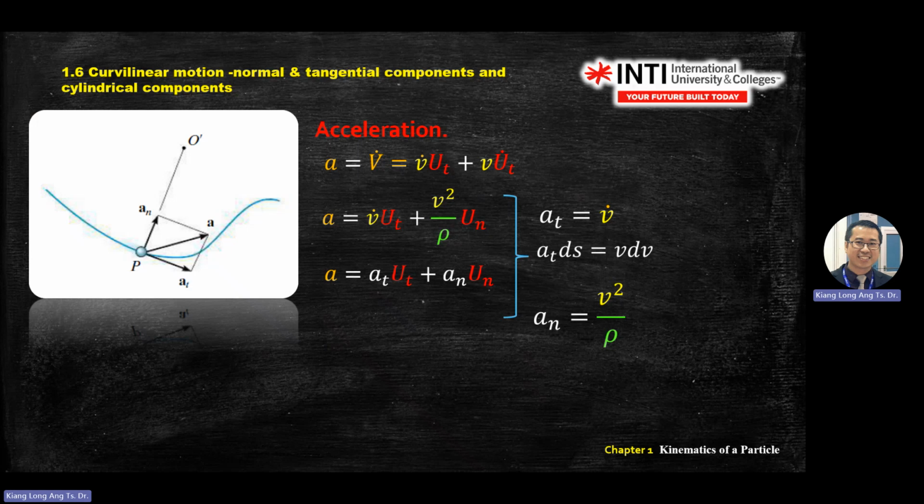So to find this magnitude, you square this one plus square this one, then take the square root. That is the magnitude.